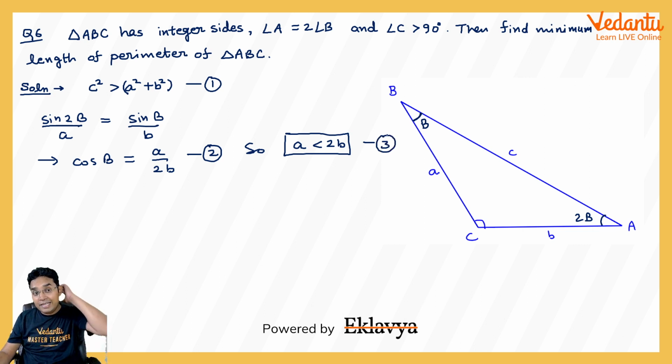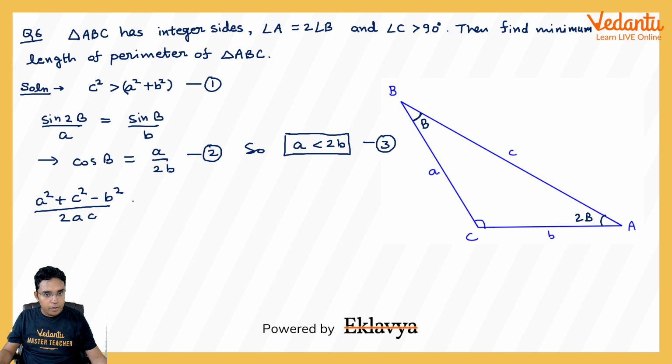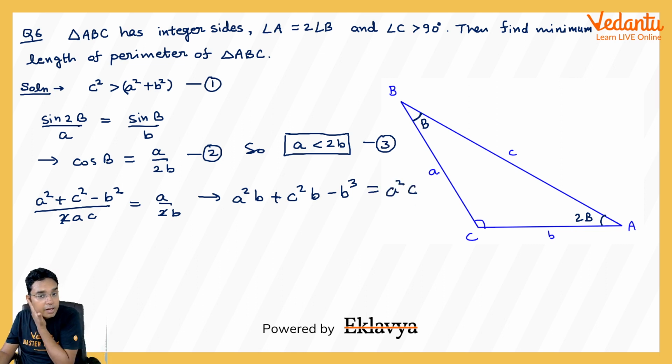Okay, now what else we can do? I think using the cosine rule may help here. I can write cos B as A square plus C square minus B square upon 2AC, which will be equal to A upon 2B. So let me cancel this 2 at least here. And if I multiply by B on both sides, we will get A square B plus C square B minus B cube is equal to A square into C. I think we are getting some factors here.